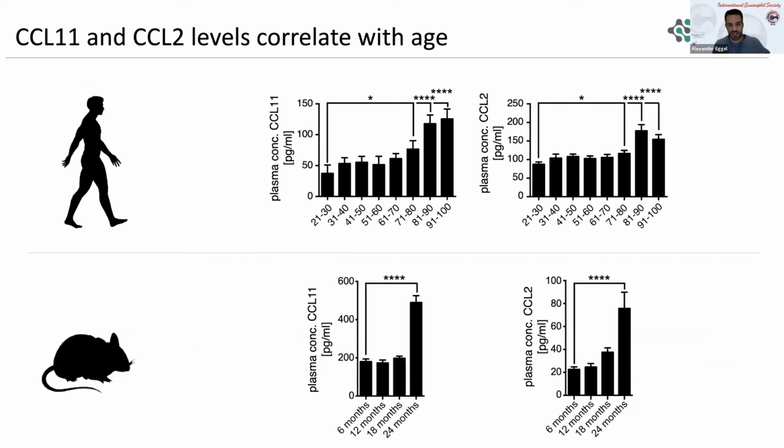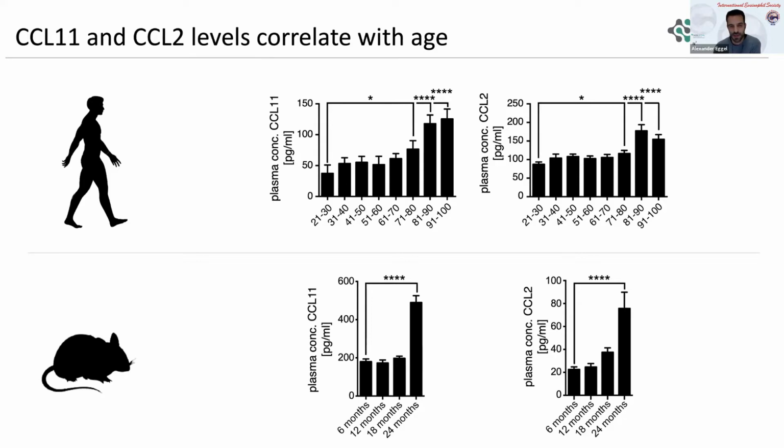Here you see the absolute plasma levels over different age groups, shown for human cohorts and mouse cohorts. As you can appreciate, the levels come significantly up pretty late in life, which pointed us towards the question: is this really a consequence or a cause of the aging process?